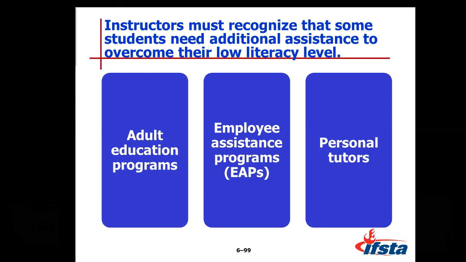You see these offered a lot at the career centers around the area: Hoosier Hills, Wayne Township, a couple other places. They offer adult education programs for adults that require that information. You have your employee assistance programs, or EAPs, and then you have personal tutors.